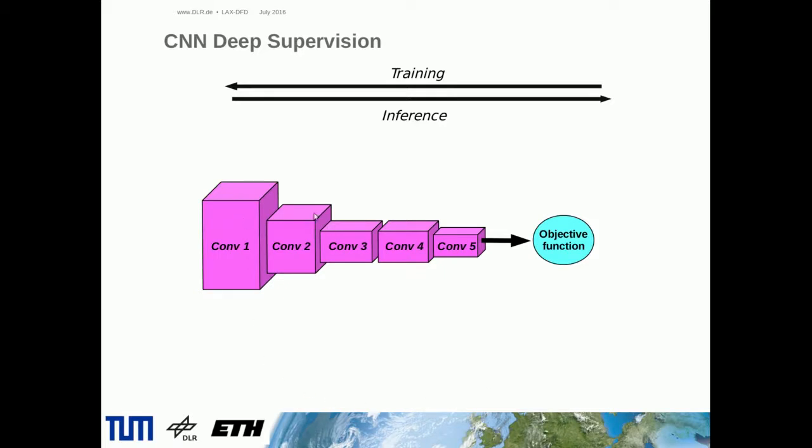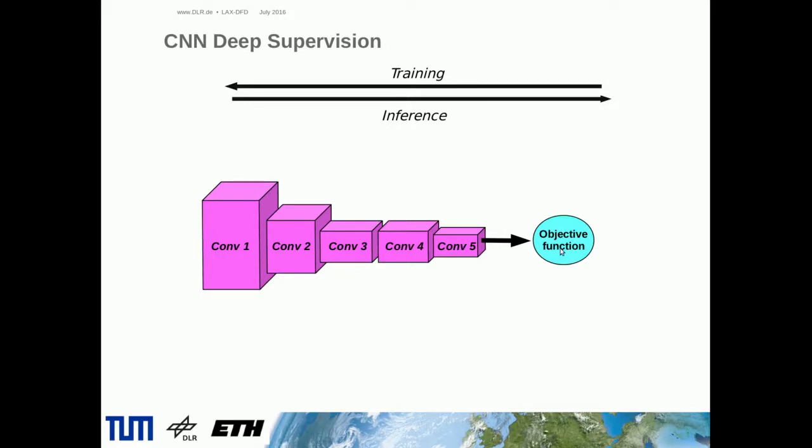Another component that we introduced is Deep Supervision, and Deep Supervision stands for the following. In a standard neural network, we have the convolutional layers, and very deep in the structure we have the objective function.